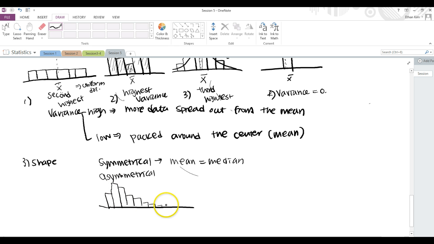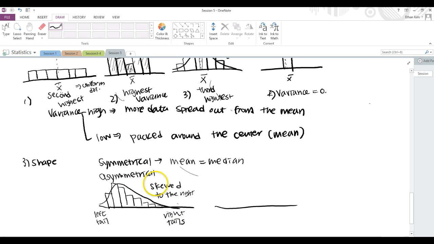If you were to draw it out in a line graph, it looks like this, right? And we call these endpoints tails. This one will be the left tail, and this will be the right tail. We see that this has a longer right tail, and we call this skewed. It's not symmetrical, and this is skewed to the right because the right side has the longer tail.